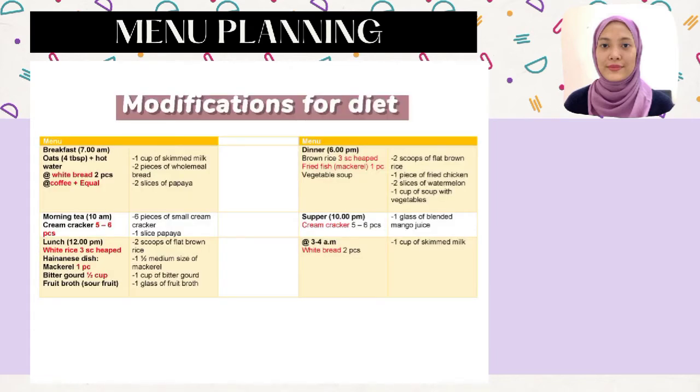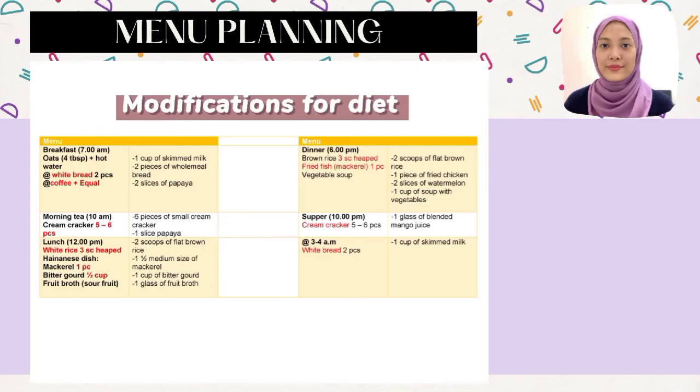So here are some modifications of his diet, where we advise and recommend him to reduce the portion and also to replace some food with healthier choices. For breakfast, he is recommended to take 1 cup of skim milk, 2 pieces of wholemeal bread, and 2 slices of papaya.